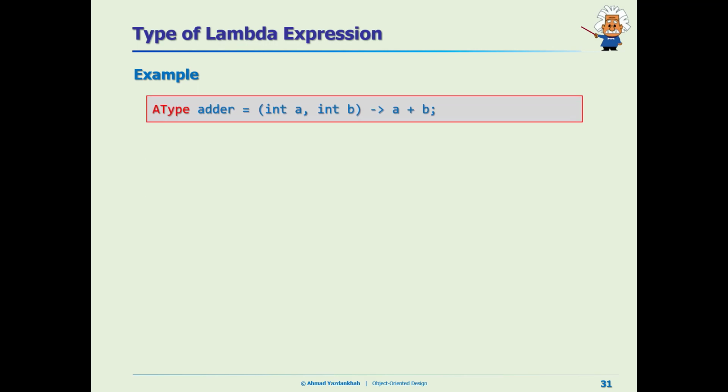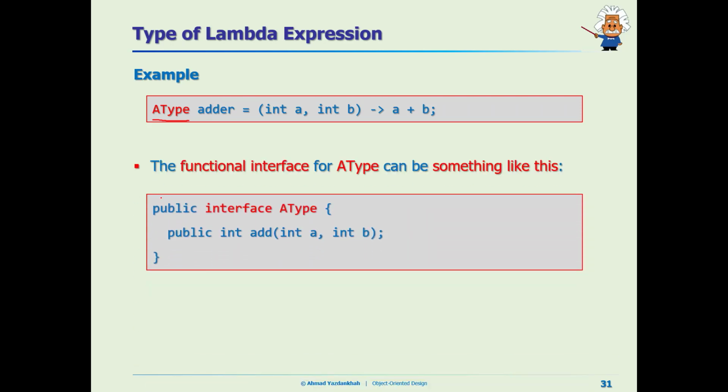All right. So let's get back to this type. We were talking about what this type is. Okay. So now we know that we need an interface, right? So what does that interface look like? It can look like this. Look at this. Its name should be the same as here, right? And then we have one abstract method here. And that abstract method, of course, should have the same signature, right?